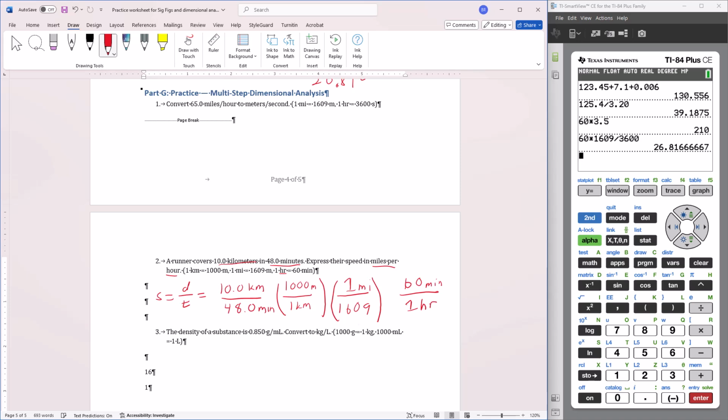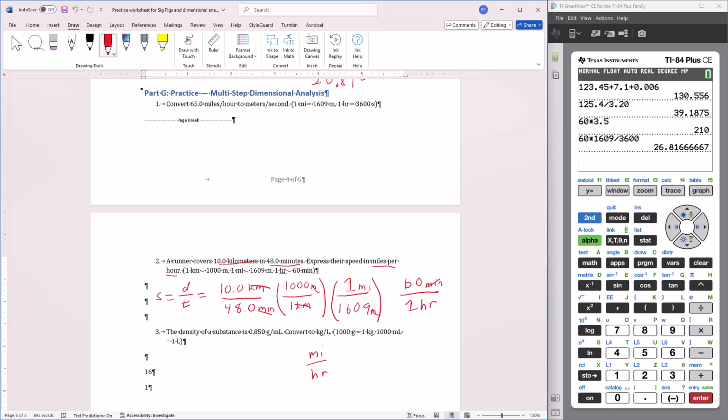And take a look at what happens. The minutes cancel. The kilometers cancel. The meters cancel. And what do I have left? I have miles per hour, the units I'm looking for.